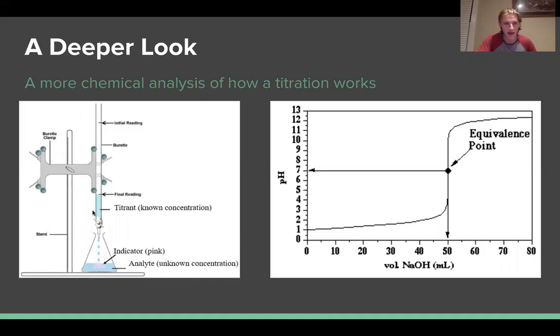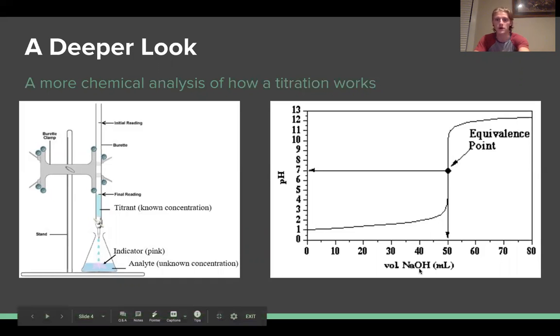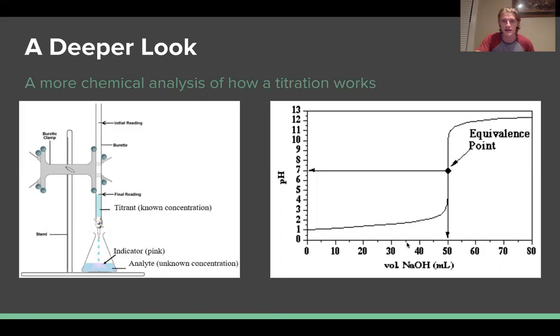And as we add that titrant to the flask, in an acid-base titration, as we add the volume of our base, NaOH here, which would be our titrant, the pH would begin to slowly increase as the reaction takes place, and it neutralizes some of the acid that is our analyte.